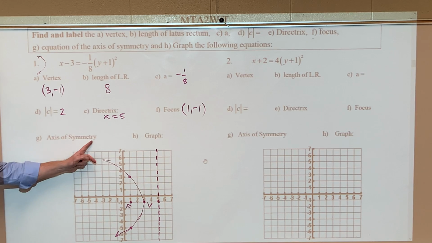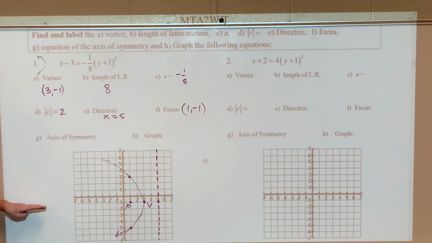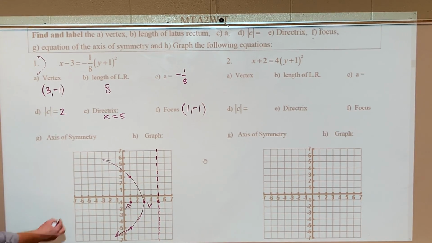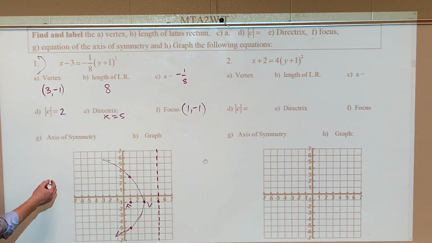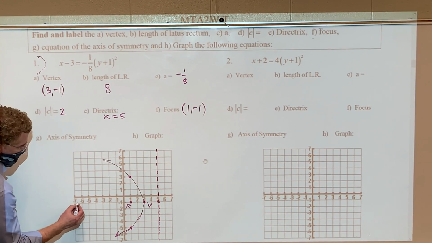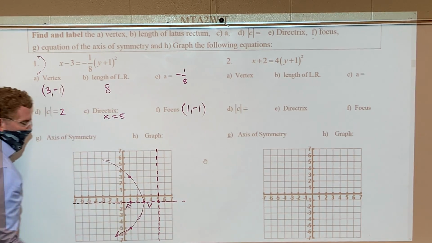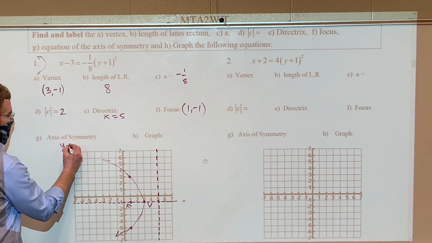And then what's the axis of symmetry? Y equals negative 1. So if I was graphing the axis of symmetry, which I don't think I find and label, yeah I did. So if I was sketching it, I would sketch that. Would be the axis of symmetry, and you can see that's y equals negative 1.